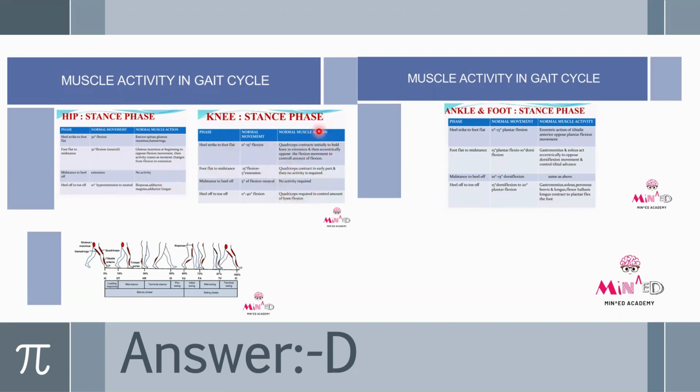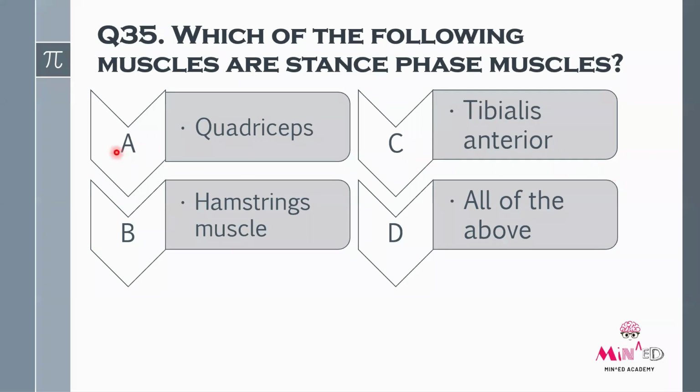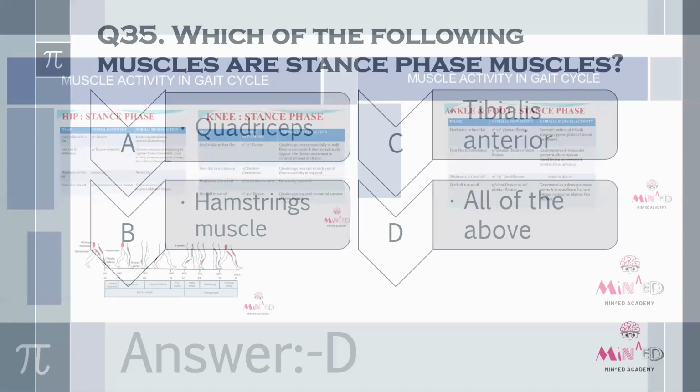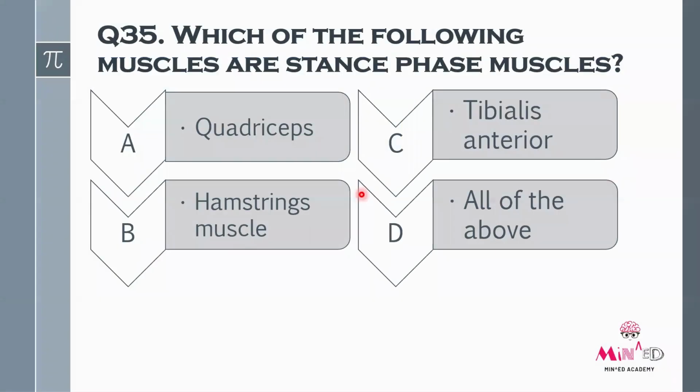And if you go to ankle and foot, we have tibialis anterior, gastrocnemius soleus, and then peroneus brevis, peroneus longus, flexor hallucis longus. Okay, so as we saw in the table, quadriceps, tibialis anterior, and hamstring muscles are the muscles of stance phase. So answer will be option D, all of the above.